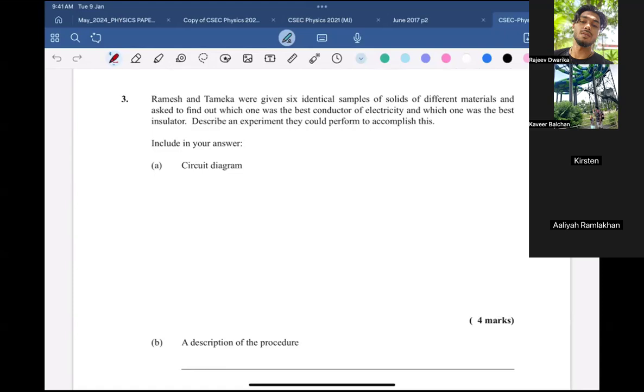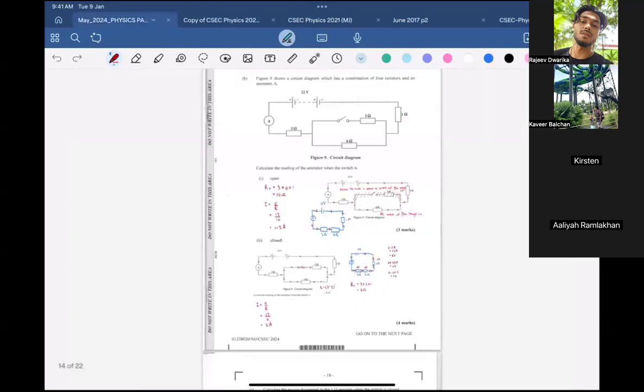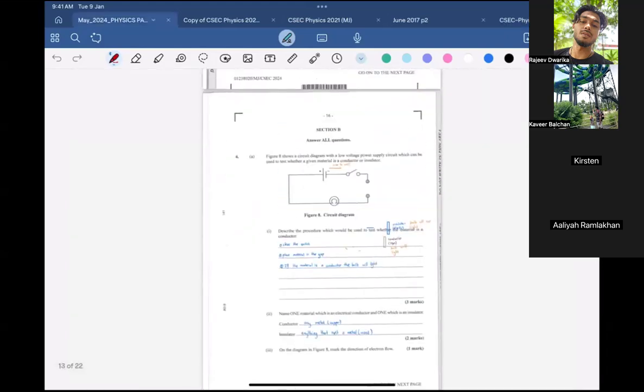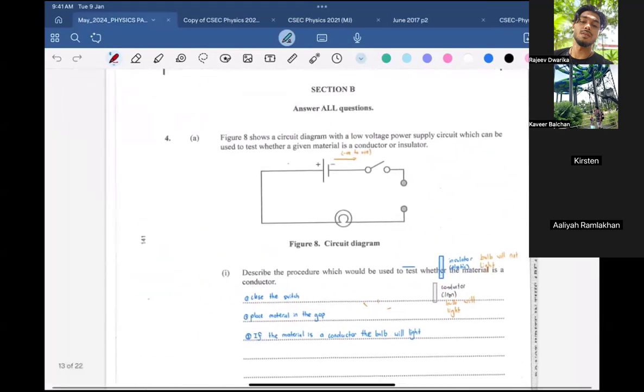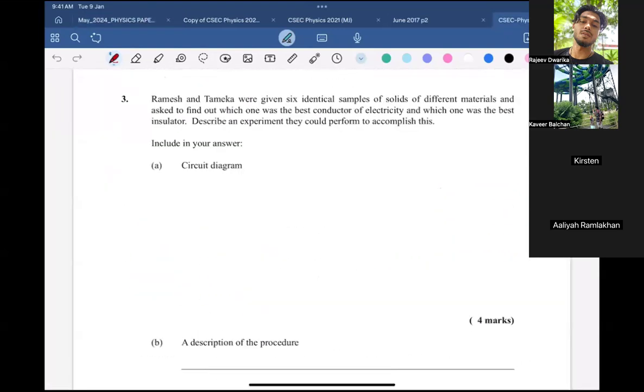You remember the 2024 question? That was with the open circuit. If I read the question, I'm going to realize it's the same thing.